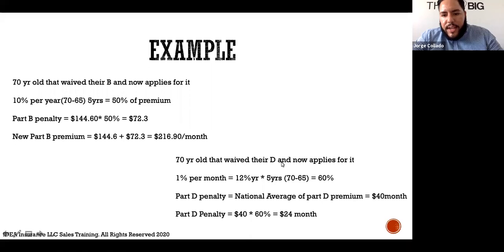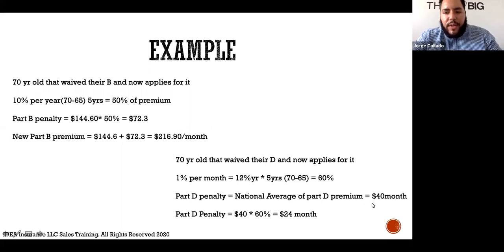Now, the Part D enrollment penalty is 1% per month without coverage. So, of course, in a year, 1% per month, 12 months, we're talking about 12%. When you multiply that, in this case, 5 years without coverage, we're talking about a 60% penalty on the D. Now, the national average of the Part D premium, I'm just going to say is 40.